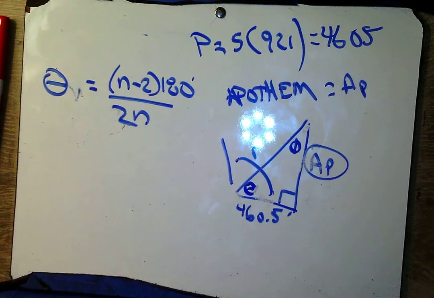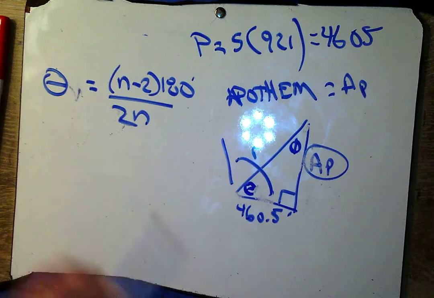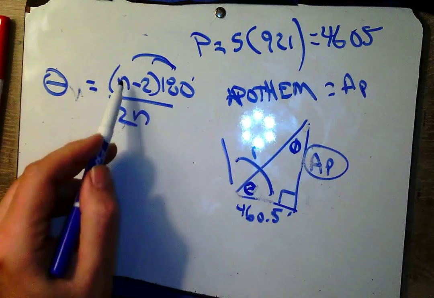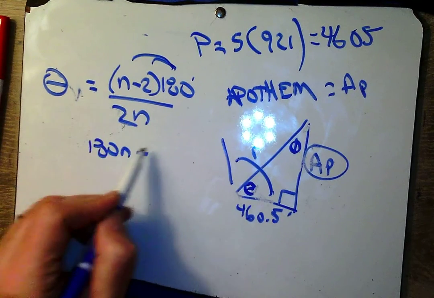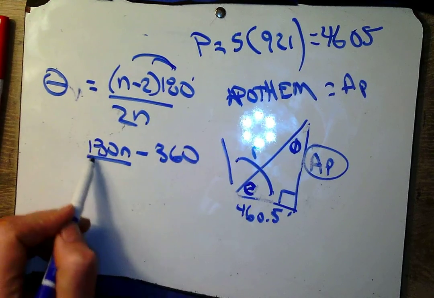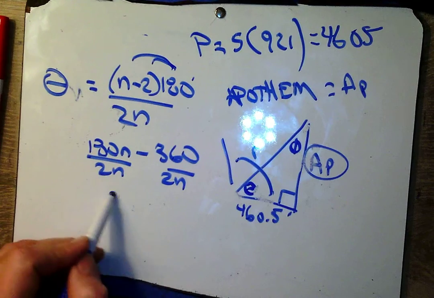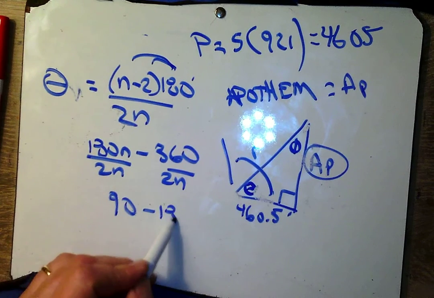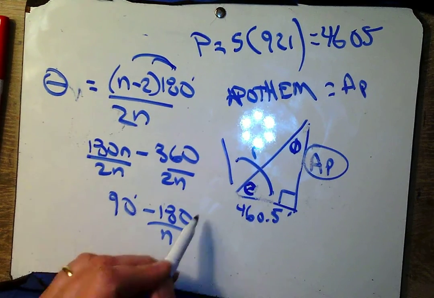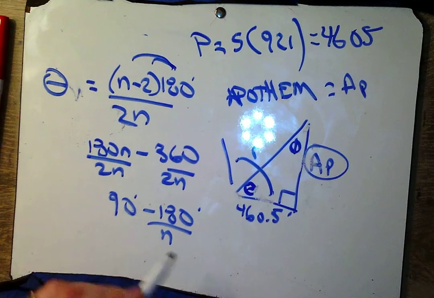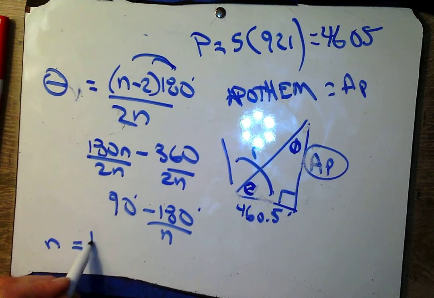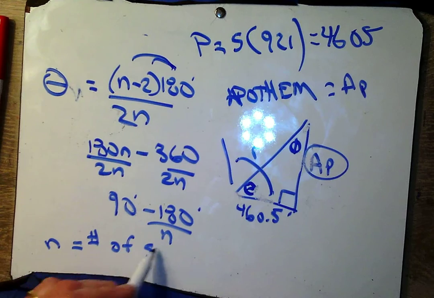And I feel pretty comfortable using this formula, but a lot of students don't. Some students actually like to do this, where they have 180n minus 360, and then they divide each piece by 2n, and so they get 90 minus 180 over n. N is the number of sides.